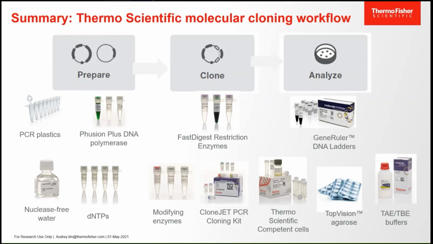For transformation, we have our Thermo Scientific line of cost-effective yet highly efficient competent cells. And finally, for analysis by gel electrophoresis, we have our GeneRuler DNA ladders, TopVision agarose, buffers, and so on.